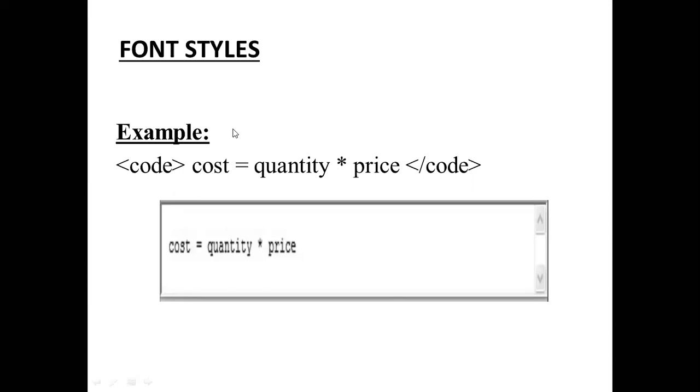Here there are several font styles like code, strong, and EM: the emphasis tag, strong tag, and code tag. Here we take the example of the code tag. It is used to specify a monospace font, specially used for programming code.